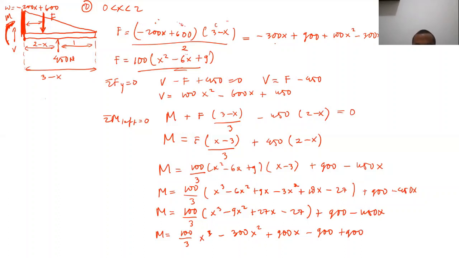That's why we can delete this. Okay, minus 450x. So in this case, it will be plus 900x minus 450x. So this is it. This is the equation.